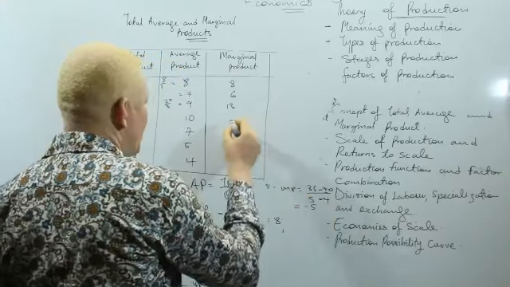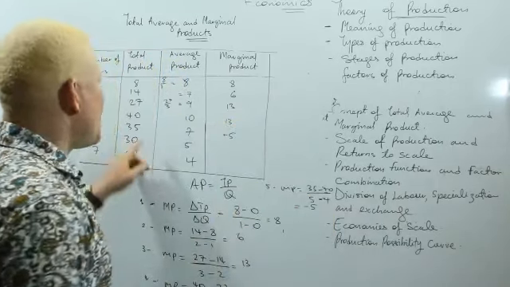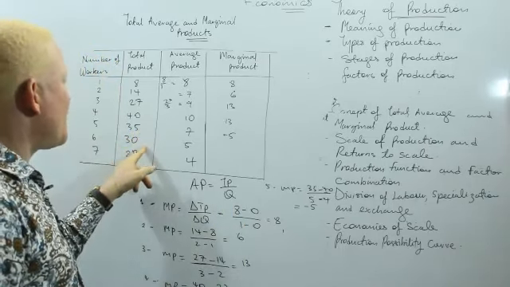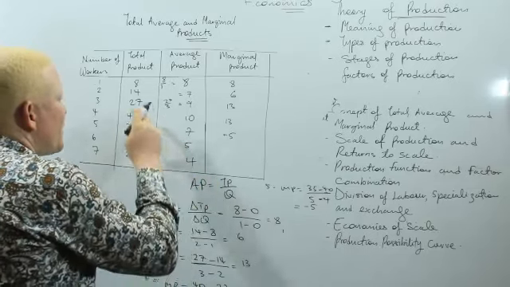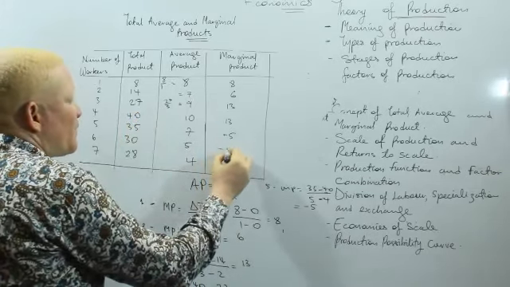So here will be 13 and minus 5. Just like that, since the changes here are 1 to each other, we would have 30 minus 35, which is minus 5. This one is also minus 5.